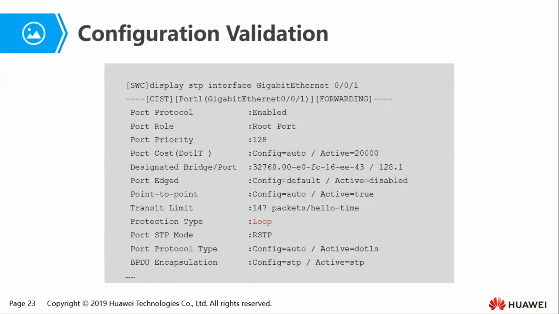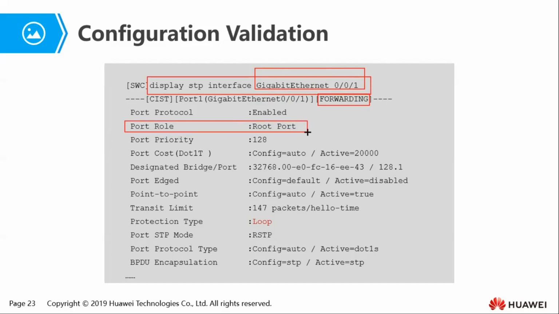RSTP loop protection. So again, with the command display STP, then on a particular interface, the name and number of the interface, we can see a few things about the port. Number one, we can see the port state. For example, this port is in forwarding state. We can also see the port role.